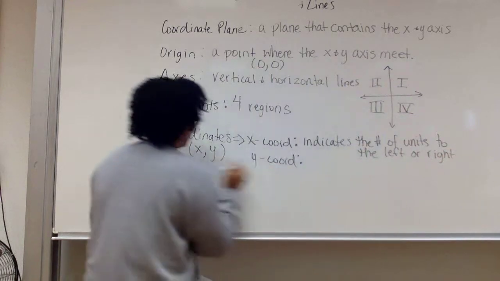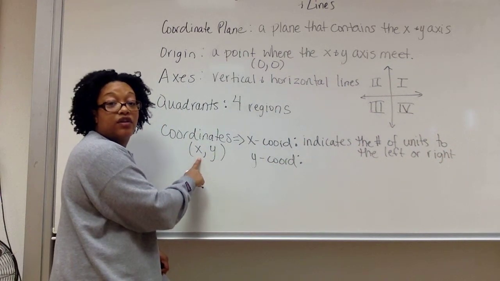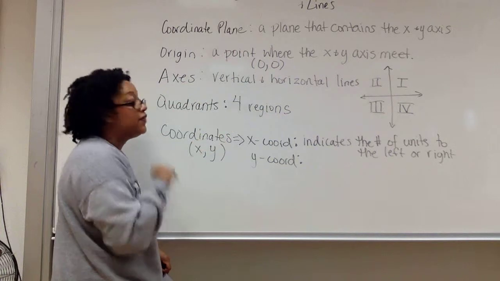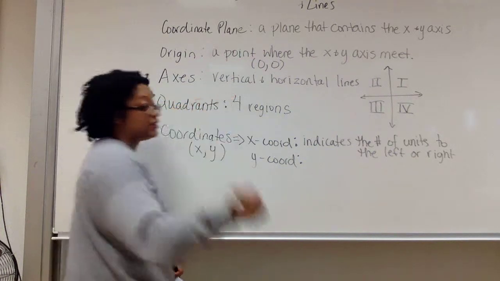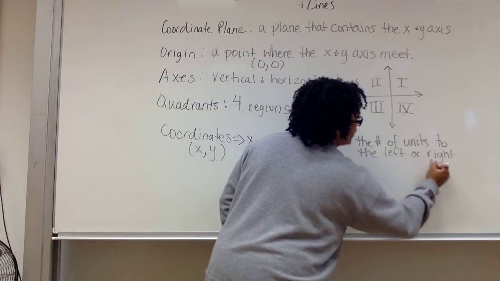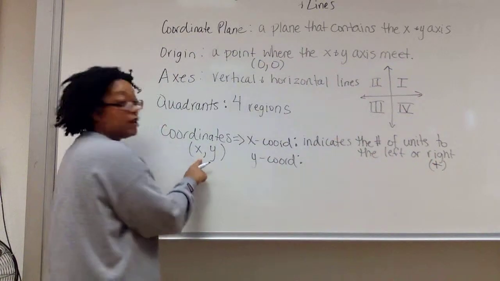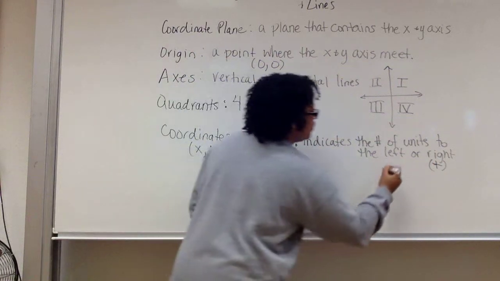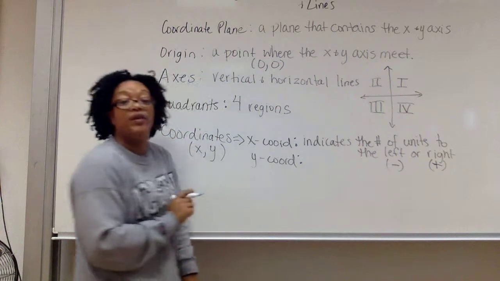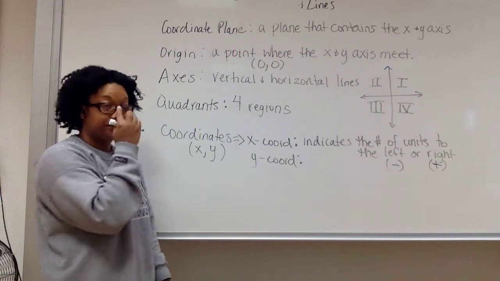Okay? So remember, this is always going to be your first number to tell you whether you're going to the left or the right. If you're going to the right, the number will be positive. This number right here will be a positive number. If you're going to the left, the number will be negative, right?